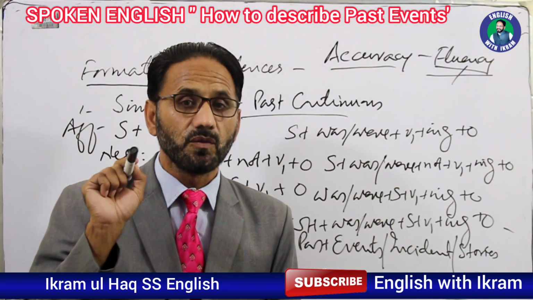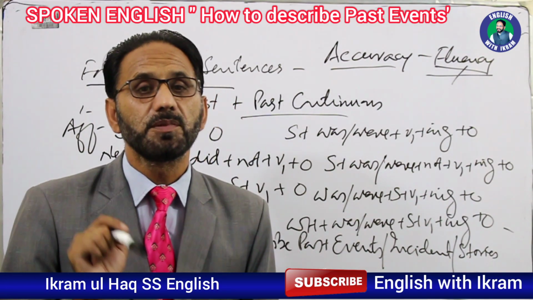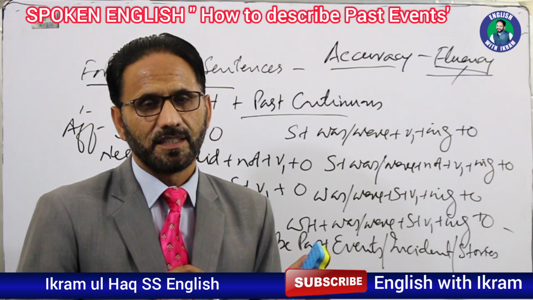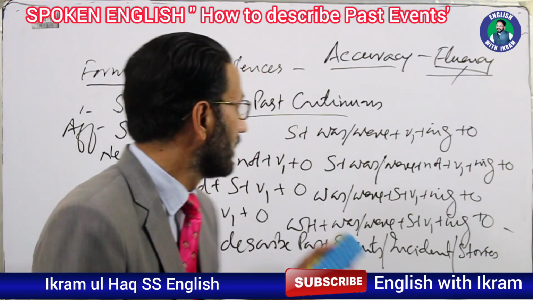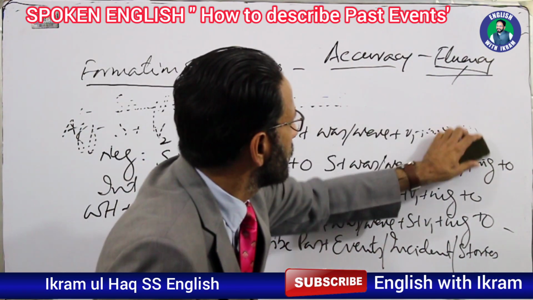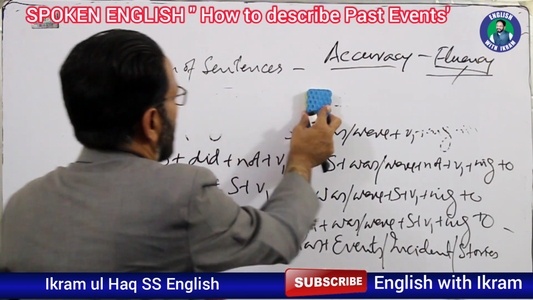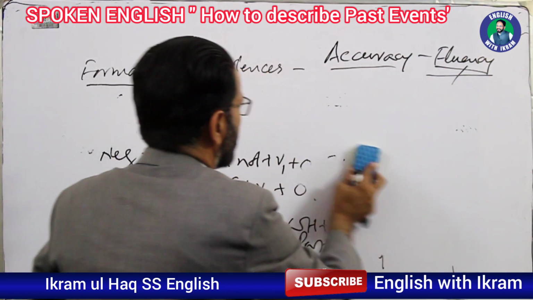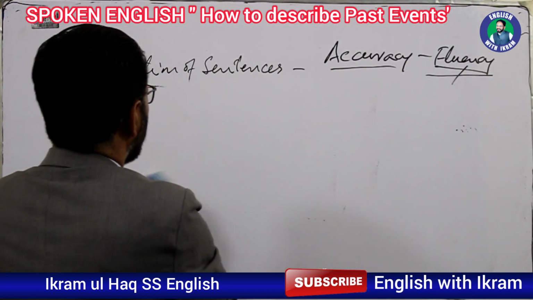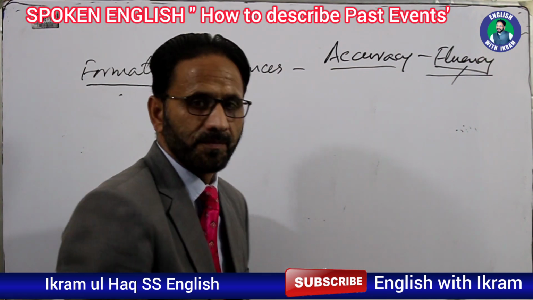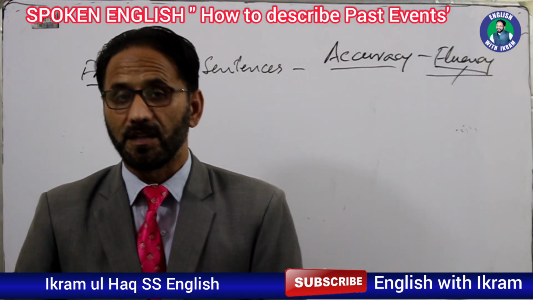You have to watch those if you want to be accurate in English, if you want to write accurately, or if you want to speak accurately. So I will give you some more examples, some more practice for fluency.